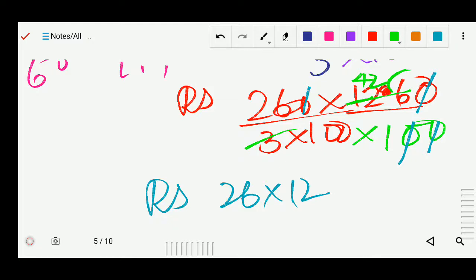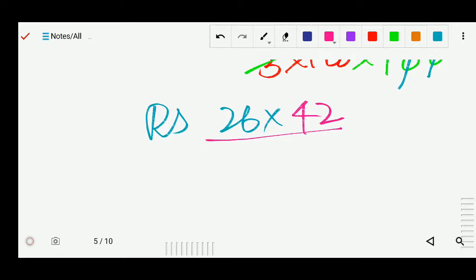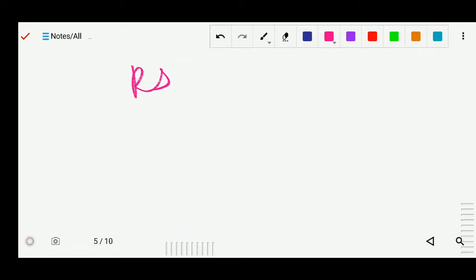Okay, so I will do here this 26, and there is 42, and multiplied, it will be divided by 100. So 26 into 42 you will multiply, you will get here 1092, divided by 100.